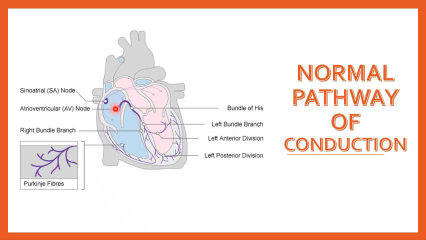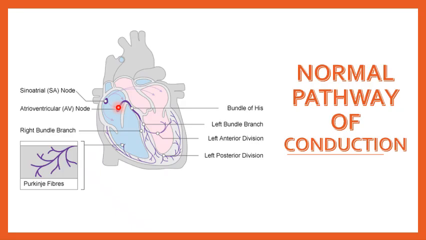Here at the level of the AV node, the impulse takes a very brief pause, and that pause actually allows enough time for the atria to contract, right? Because we know we have electrical activity first, then contraction. So we first have the spread of electricity throughout the atria, and then we have atrial contraction, which of course we all call what? We call that atrial kick.